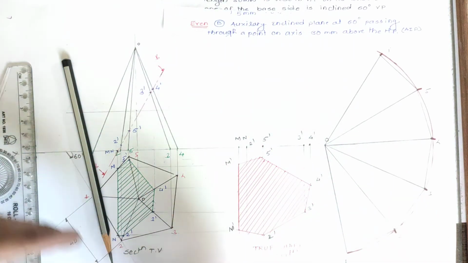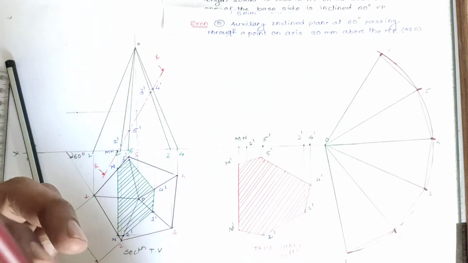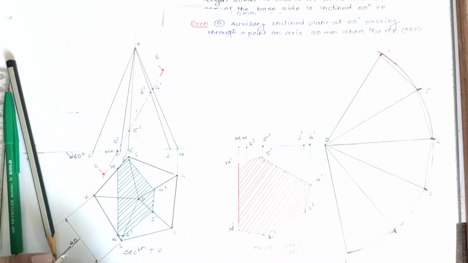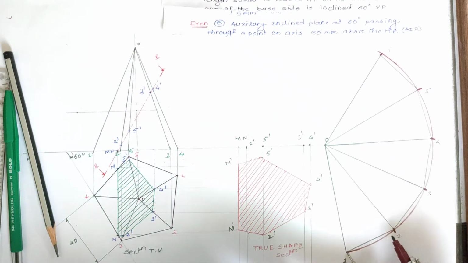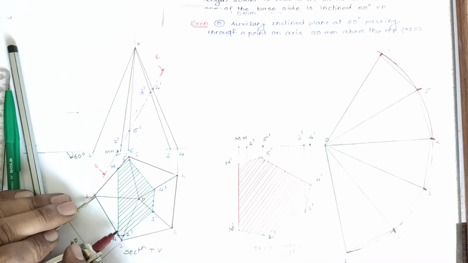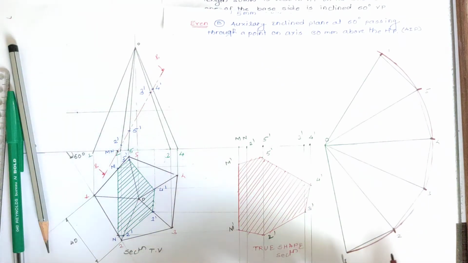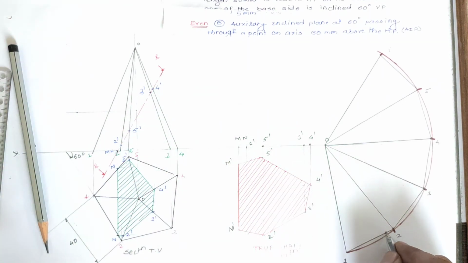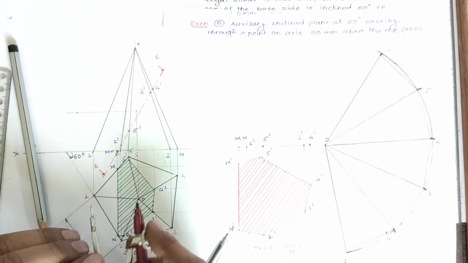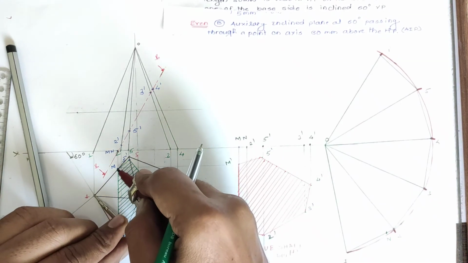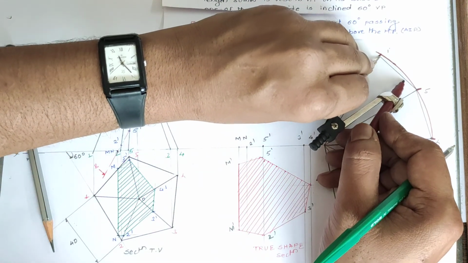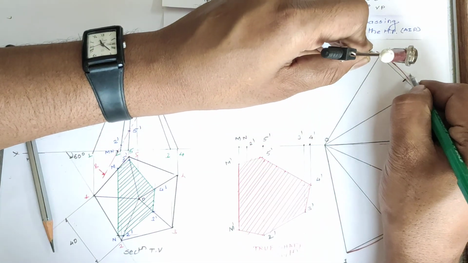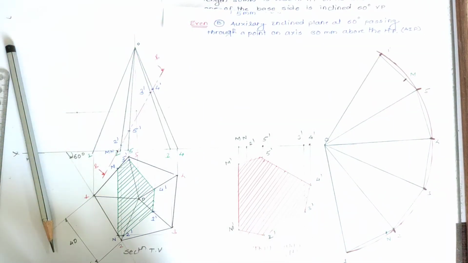The base points we are going to mark from 1 to N. Take the distance 1 to N present on 1 and 2, and mark this point as point N. Then 1 to M, in between 1 and 5.